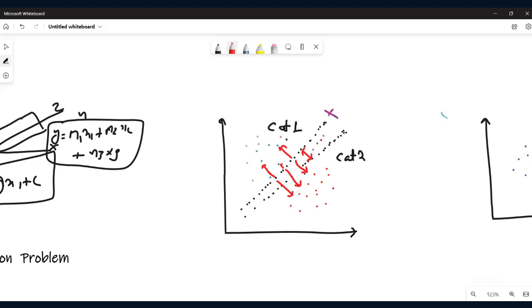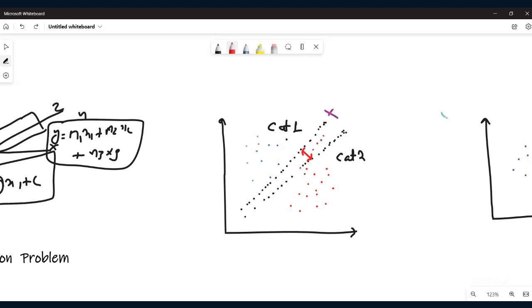A line that is set at maximum distance from every variable will be the best fit line. So again, this is the margin. If you consider the margin of these two lines, this line will be at maximum distance from all these variables. So this will be our best fit line in this case.